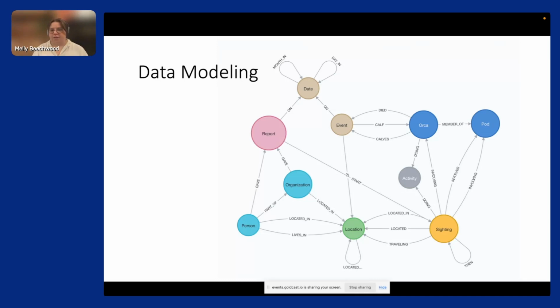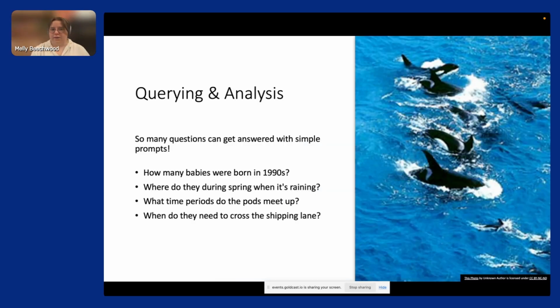You can see in pink on the left, our primary situation is these reports that are given by organizations and people in light blue that reference dates and events that are in brown that all involve orcas and their pods doing different activities that have been cited by people. This also has location, and these allow us to understand and query information quite easily.